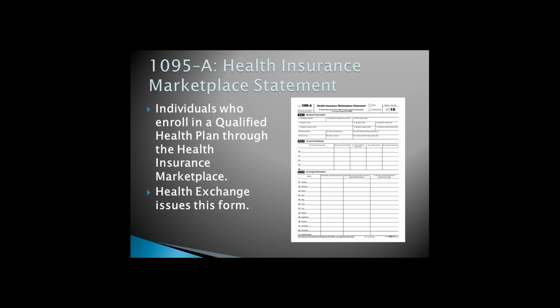The 1095A forms will be issued to individuals and filed by the Health Exchange Marketplace. So there you can see the 1095A form, which is for, again, individuals who enrolled in a health plan through the insurance marketplace.